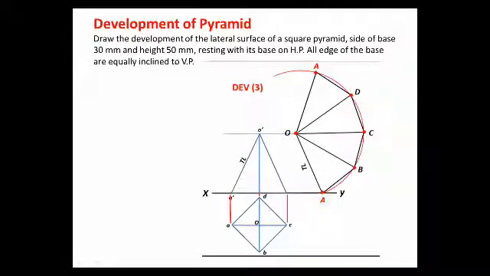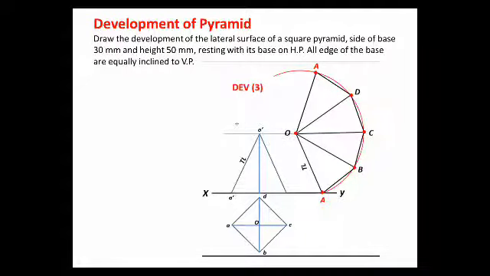Whatever the points you will get, you have to join these points with the O dash point, because this is the pyramid and O dash point we can obtain with the help of this O point, which is in central part of a top view. If we draw a straight line and whatever the height mentioned over here, we have to take this height and then you can join with these lines. This is about the front view and top view of pyramid. We should know all these things.